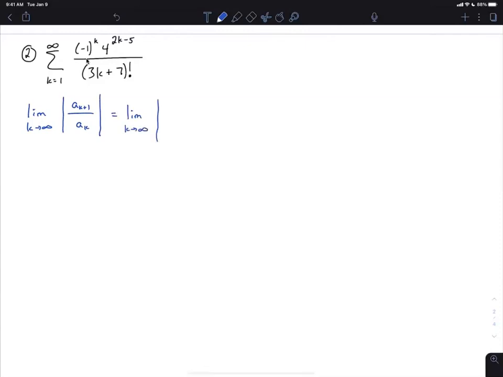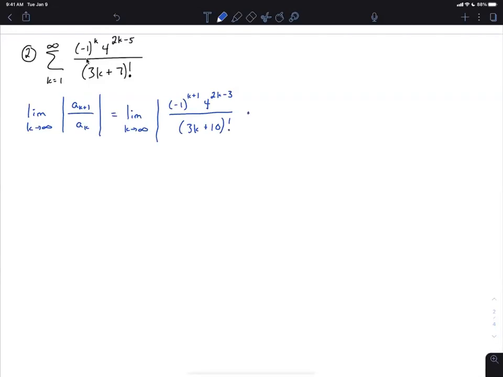And now when we do this, a sub k plus 1, let's be real careful. But when we do it, we get negative 1 to the k plus 1, 4 to the 2k minus 3 over 3k plus 10 factorial.